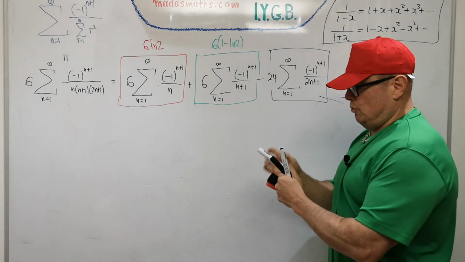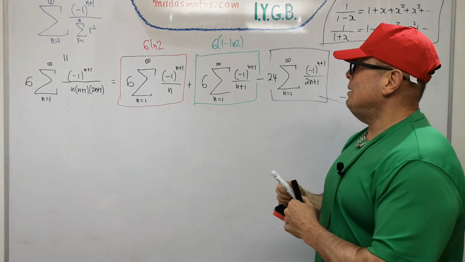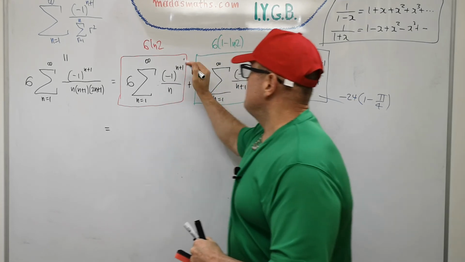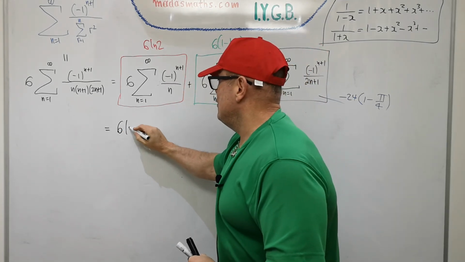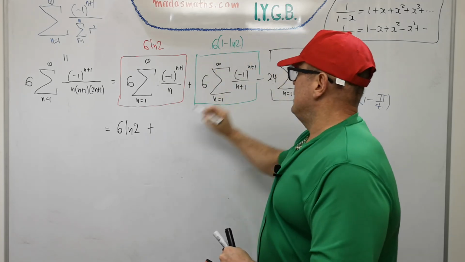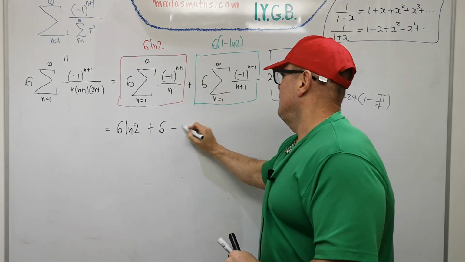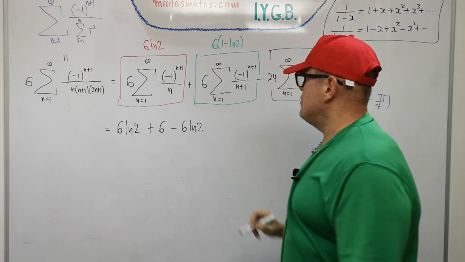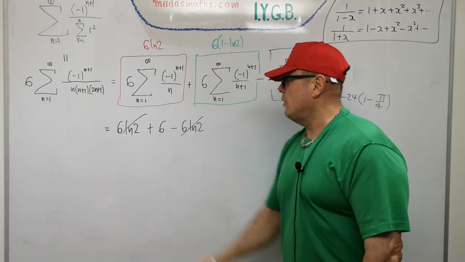So the final answer to my problem is going to be equal to, I've summed them individually, so I've got the 6 log 2 plus, I'm going to multiply this bracket, 6 minus 6 log 2, although I did mention earlier on these things would have cancelled, I could see this.